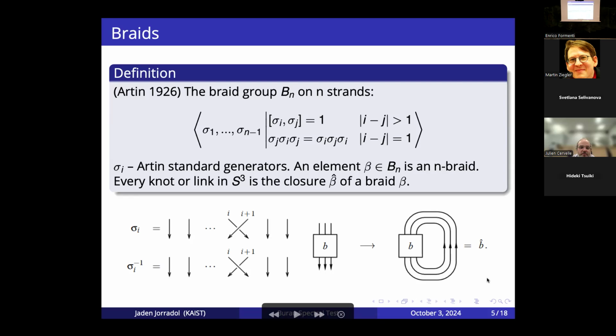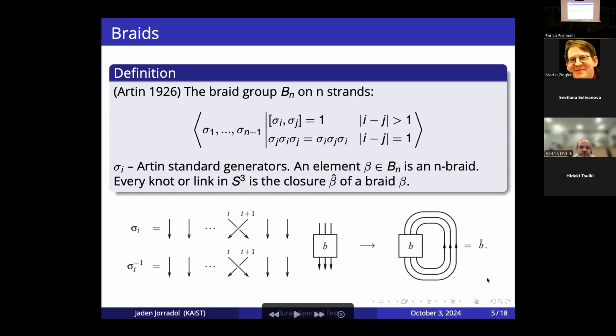And then every knot and link is the closure of a braid. Using braids is very useful to solve the knot and link categorization problem. The closure of the braid is as follows in the picture. You connect the braid ends like this.